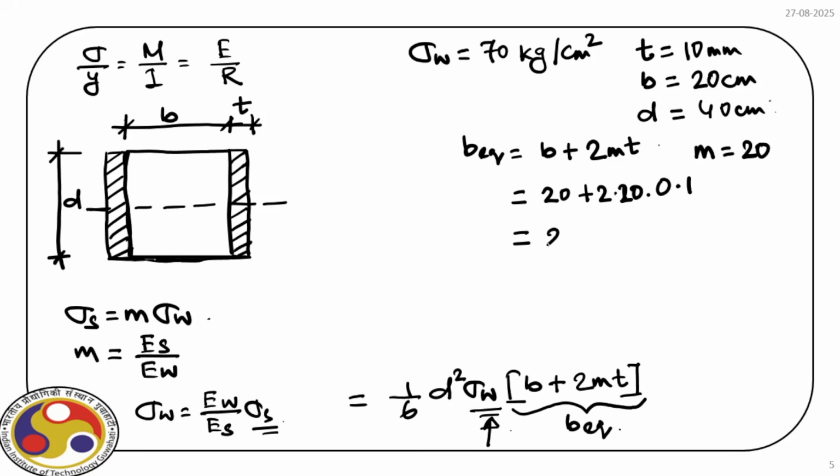So we have 24 centimeter as the effective wood cross section. So we convert the steel into wood and we get the effective cross section when we convert it into an equivalent wood cross section.